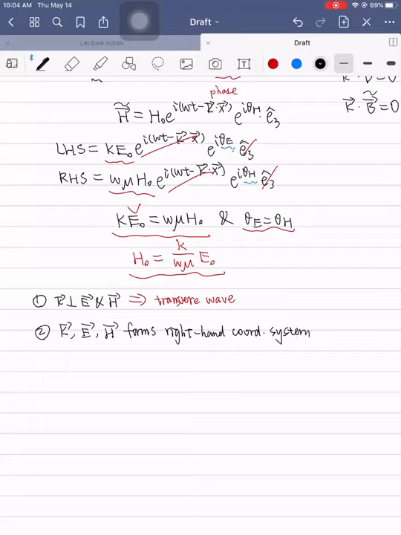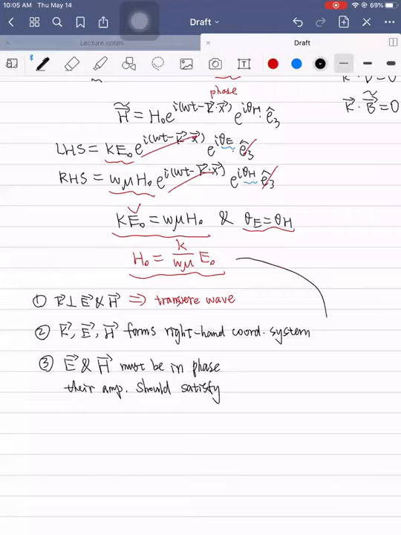And the third conclusion is that E and H must be in phase and their amplitudes should satisfy this.